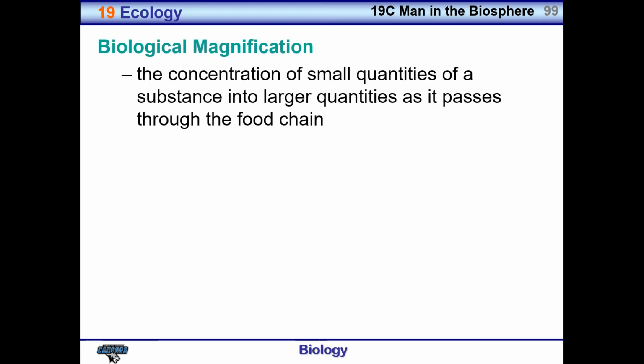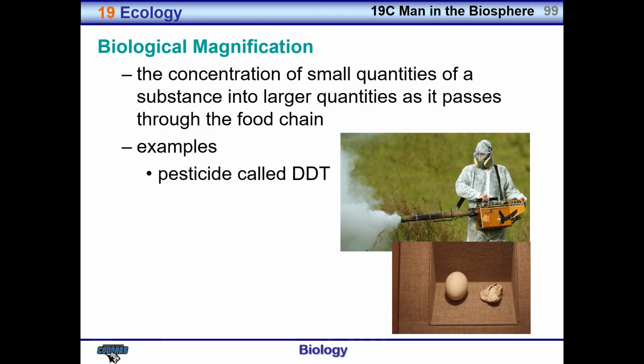Now, another idea that needs to be talked about right now is something called biological magnification. It's the concentration of small quantities of a substance into larger quantities as it passes through the food chain. One example would be that in the past we used DDT as a pesticide to kill pests, obviously mosquitoes and different things like that.